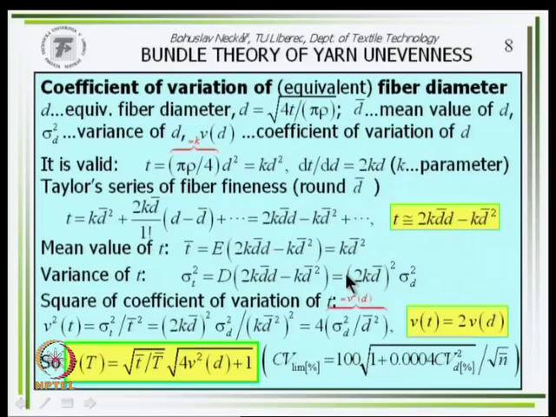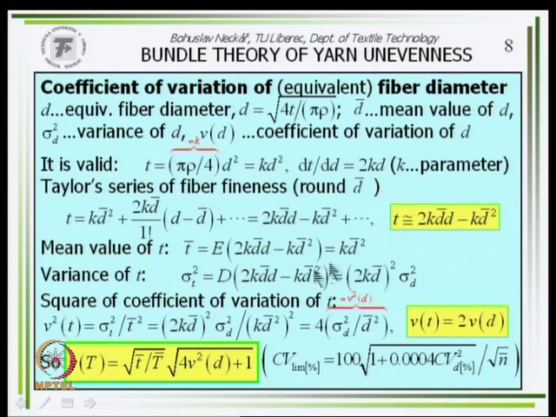We obtain this here, so the square of the coefficient of variation of T is sigma T square by T bar square. What is sigma T square? It is here, and T bar square is this here.